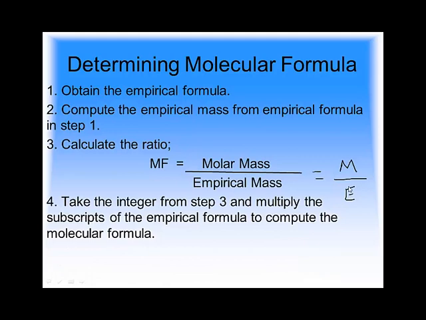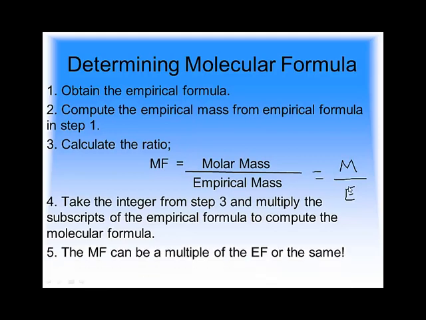Take the integer from step 3 and multiply the subscripts of the empirical formula to compute the molecular formula. The molecular formula can be a multiple of the empirical, or if the ratio comes out to be 1, then the empirical and the molecular formula are going to be identical.